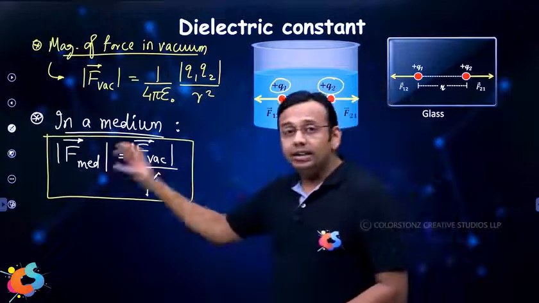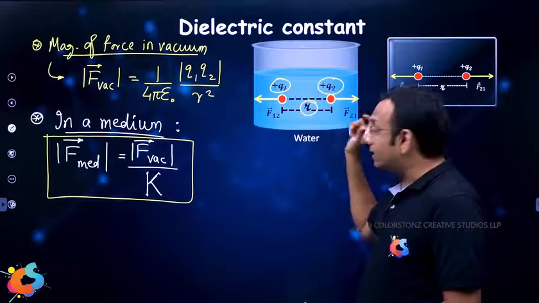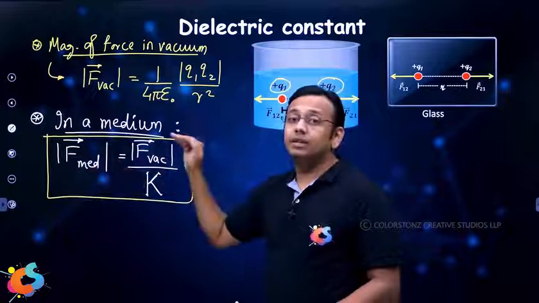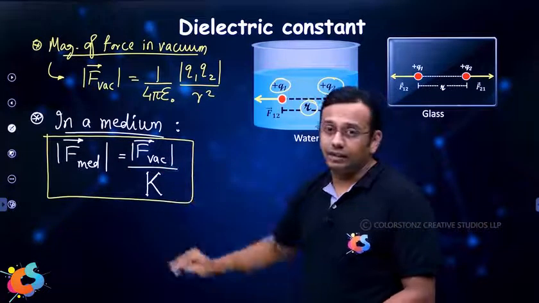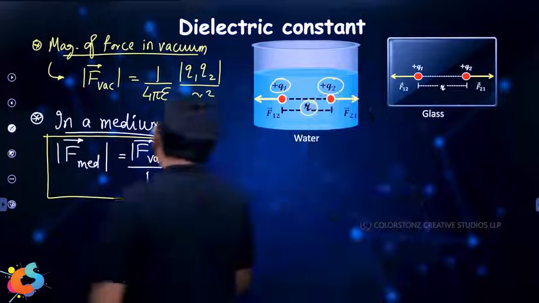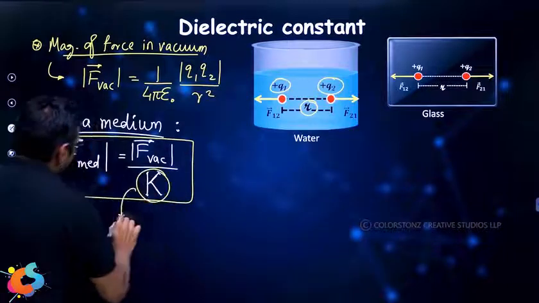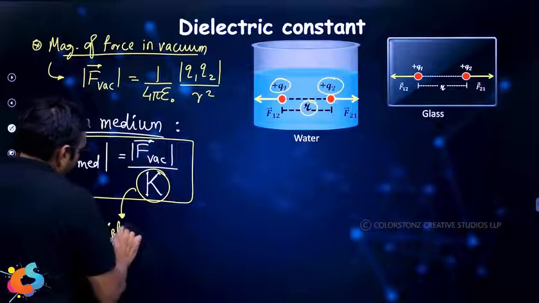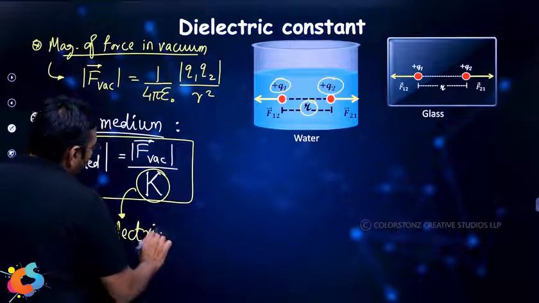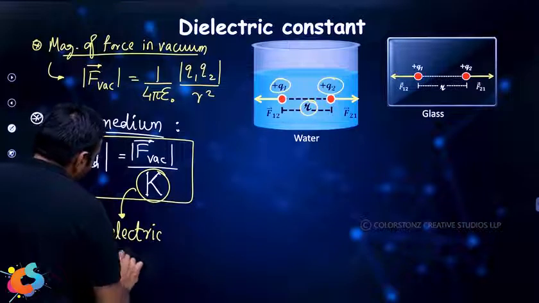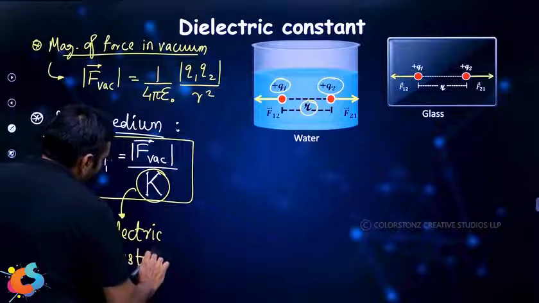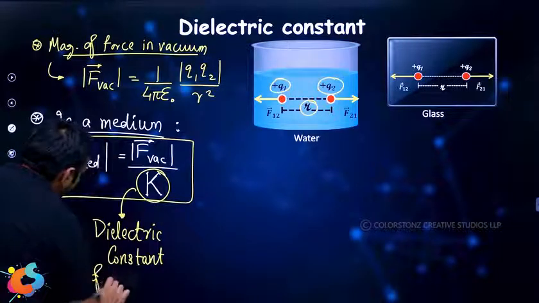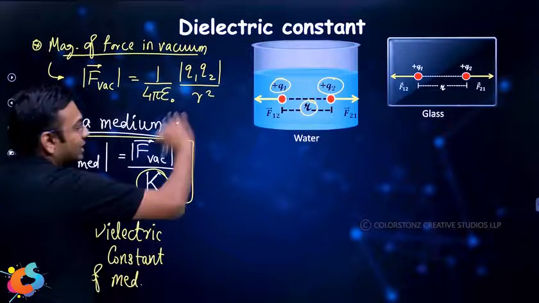When the same two charges at the same separation are kept in a medium, the force reduces by a factor K, and this factor K is what we call the dielectric constant of the medium. It will vary from medium to medium. It is not the same for all media. It will be different for different media.